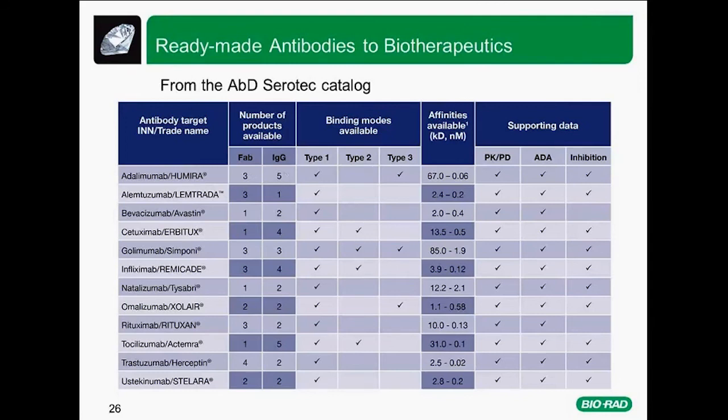For some, as I've shown the example for Adalimumab, we have all the 3 different types, type 1, type 2, and type 3 available. The anti-idiotypic antibodies in most cases cover a broad range of affinities. And we have supporting data for all of them. We have PK and IR assay data, and for most of them we also have inhibition data.